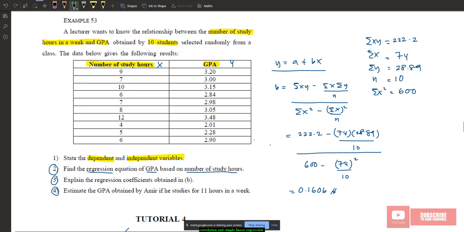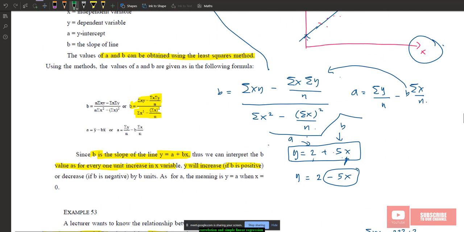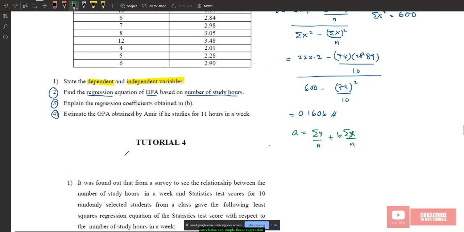Right. Same step. A is equal to summation of y divided by n minus B times summation of x divided by n. Right? So you need to minus.